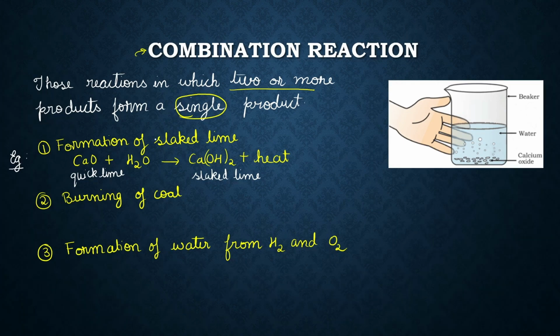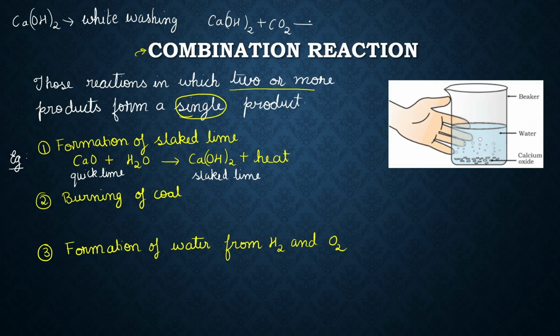Just for knowledge, I would like to tell you that this calcium hydroxide is used for whitewashing. So how is it used? When you use calcium hydroxide for whitewashing, after 2 to 3 days it reacts with the carbon dioxide in the atmosphere and leads to the formation of calcium carbonate.